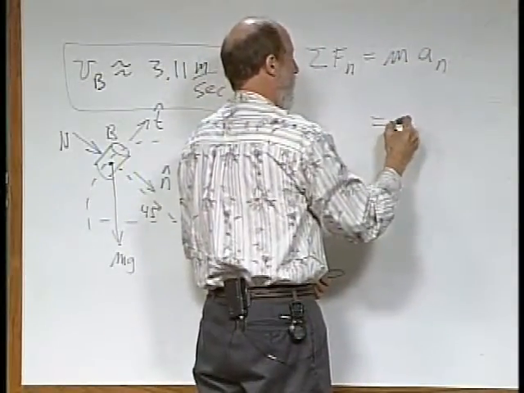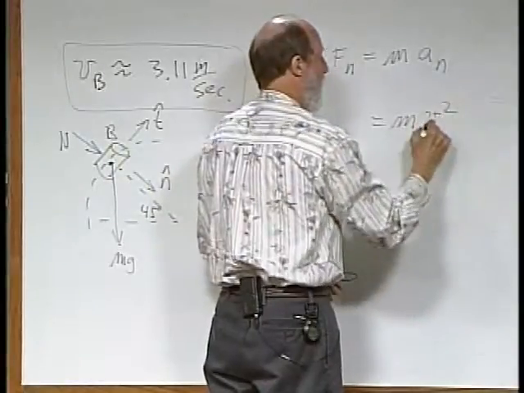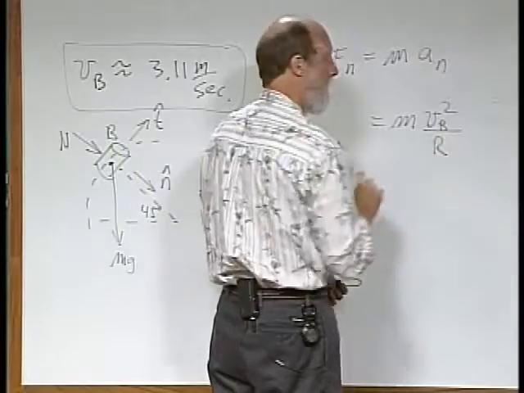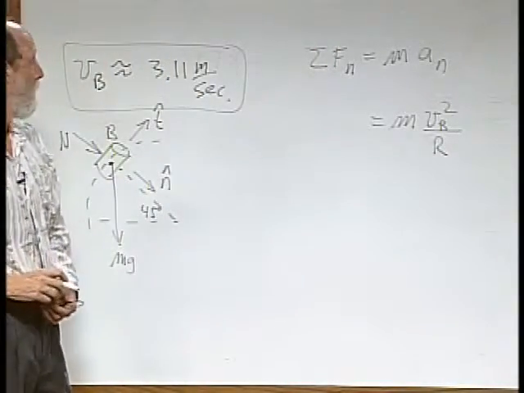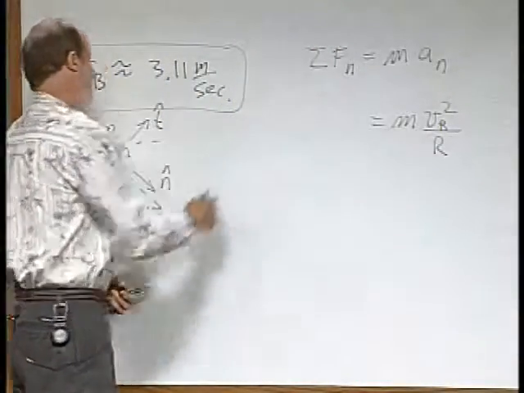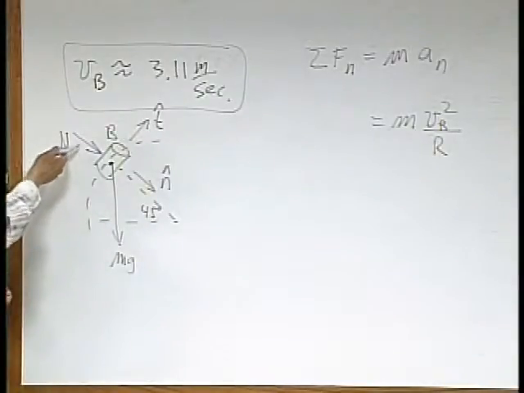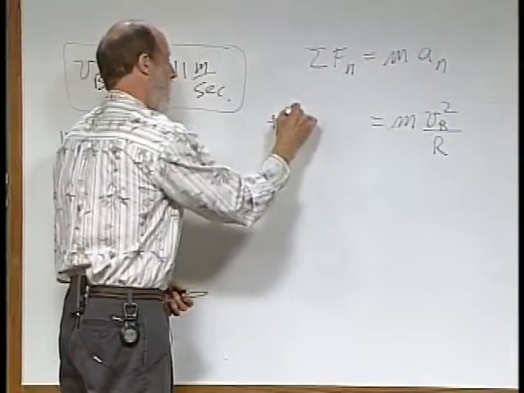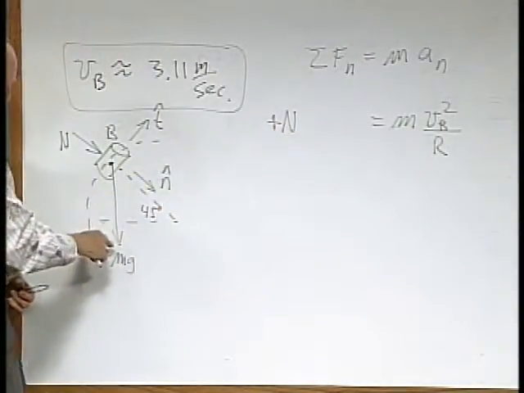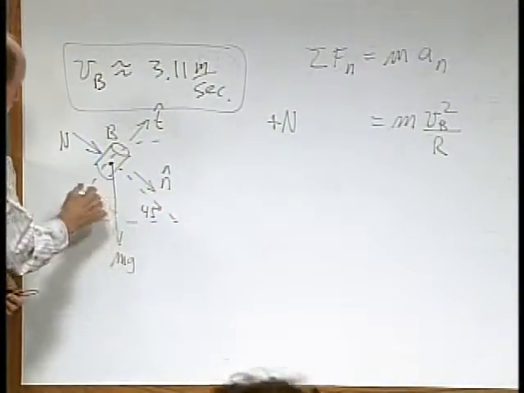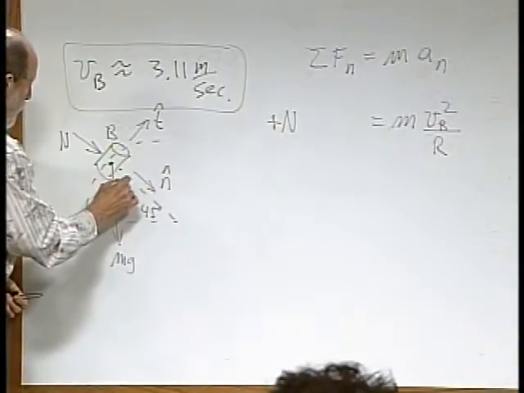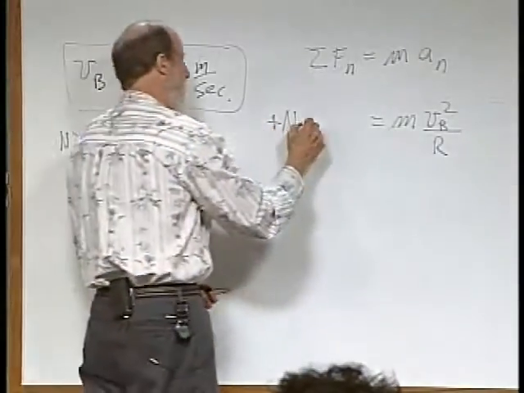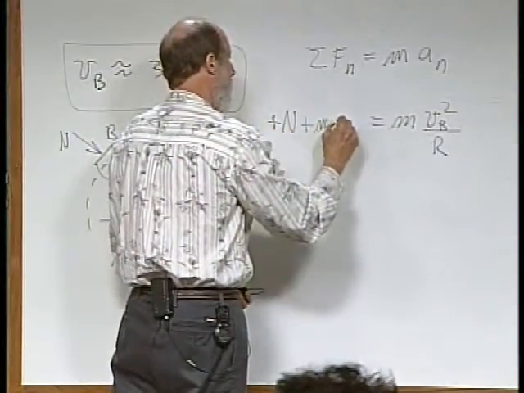And we know that normal acceleration has to be the speed it's carrying at B squared divided by the radius it happens to have on that arc. And that's got to be equal to the sum of normal forces, which means it has a positive capital N. And we have a component of mg that's also in here at 45 degrees, so it's going to be plus mg cosine 45.